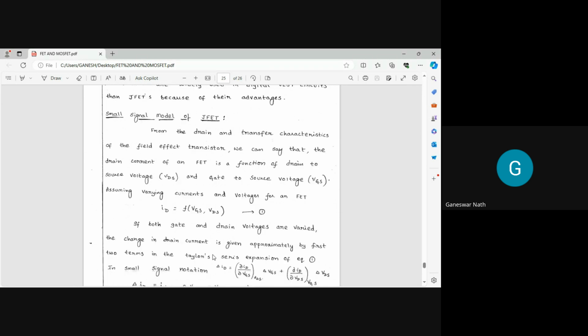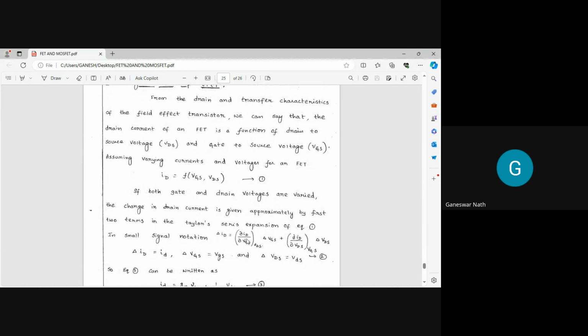If both the gate and drain voltages are varied, the change in the drain current is given approximately by the first two terms in the Taylor series expansion of equation 1. In small signal notation you can write this as delta ID equals delta ID by delta VGS times delta VGS plus delta ID by delta VDS times delta VDS.